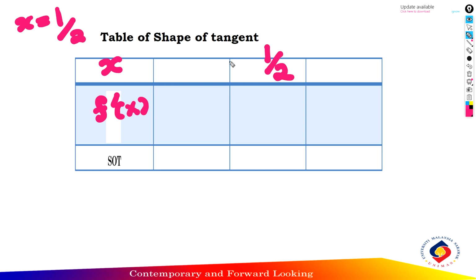And from the left of the function, between negative infinity and x equals 1 over 2, the nearest value here is x equals 0. Okay, you pick the nearest value, and you substitute this value into the first derivative.